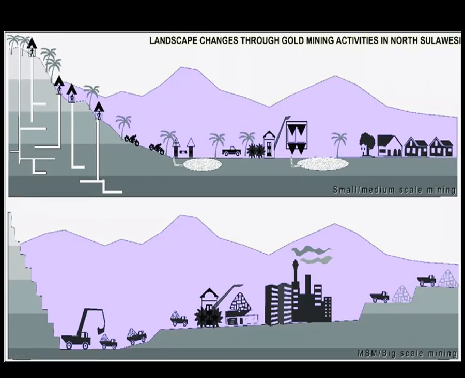We are consumers. We buy devices, we buy products, and these products are created because of the minerals that are mined. That's why there's only one solution.